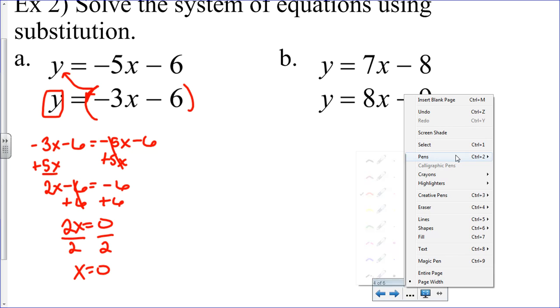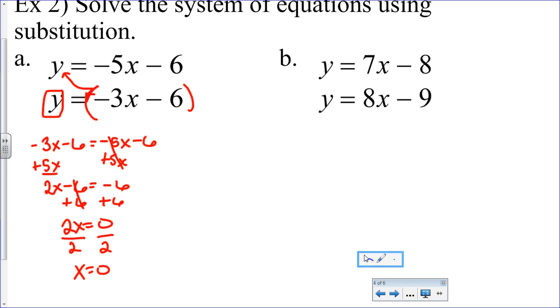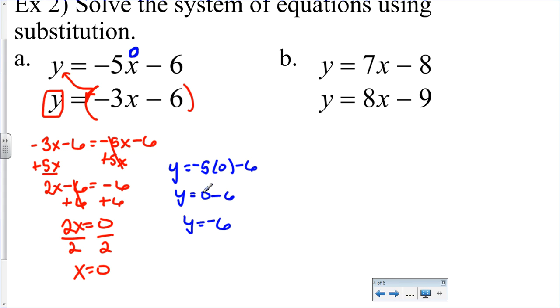Since we have to have an ordered pair, we're going to go ahead and take that and plug it in to either one of the equations to find our y value. So I'm going to plug my 0 in for this first x. So y is going to equal -5 times 0 minus 6. So when I simplify, I get 0 minus 6, which is -6. So I found an answer of (0, -6).